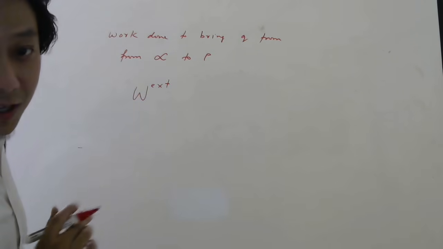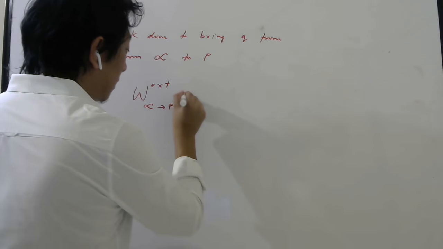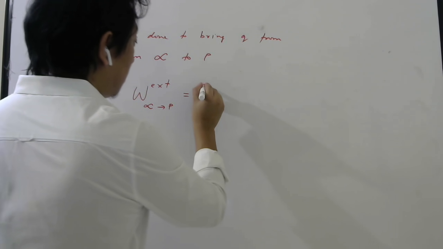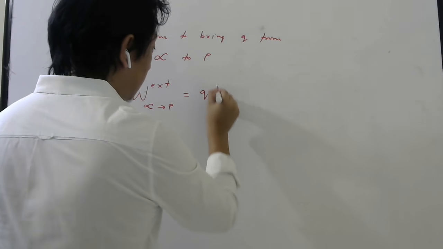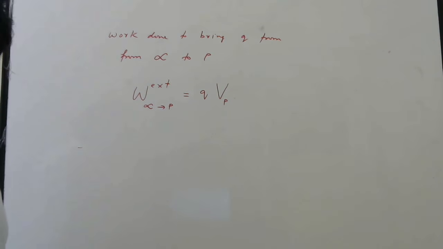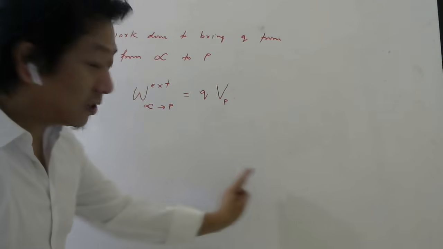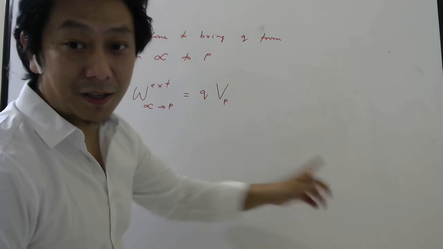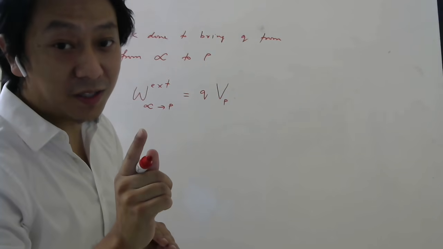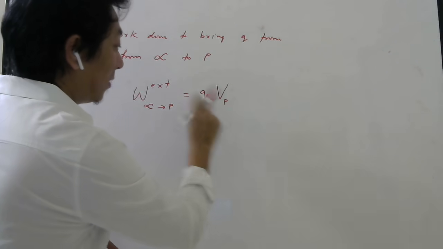From where to where? From infinity to P. This work done is nothing but Q into V, V at which point? P. Yes or no? So potential at point P. Go back and check. Potential at point P I have mentioned is the work done to bring 1 coulomb charge. If you bring q coulomb charge, you have to write q into potential at P.